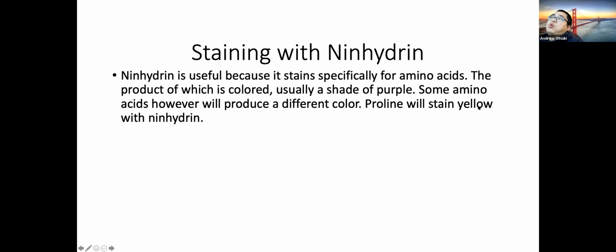I am not sure why. I think proline just has a structure that causes the product to be differently colored, because it's a cyclic amine versus a linear amine for all the other amino acids. Okay.